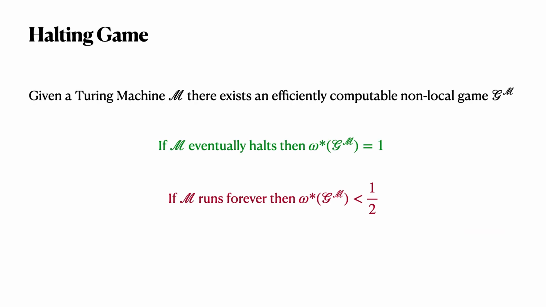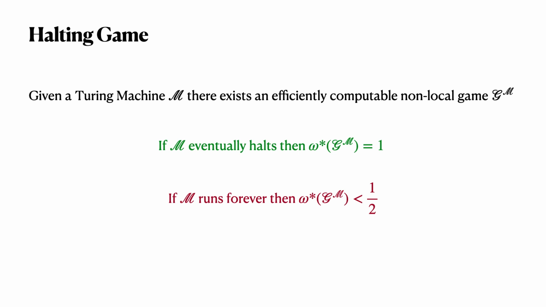So I explained the compression theorem. Now the last object we need is the halting game. A theorem of the result MIP star equals RE states that for every Turing machine M, there exists an efficiently computable nonlocal game GM such that if M halts, then the value of GM is 1, and if M loops forever, then the value of GM is at most half.